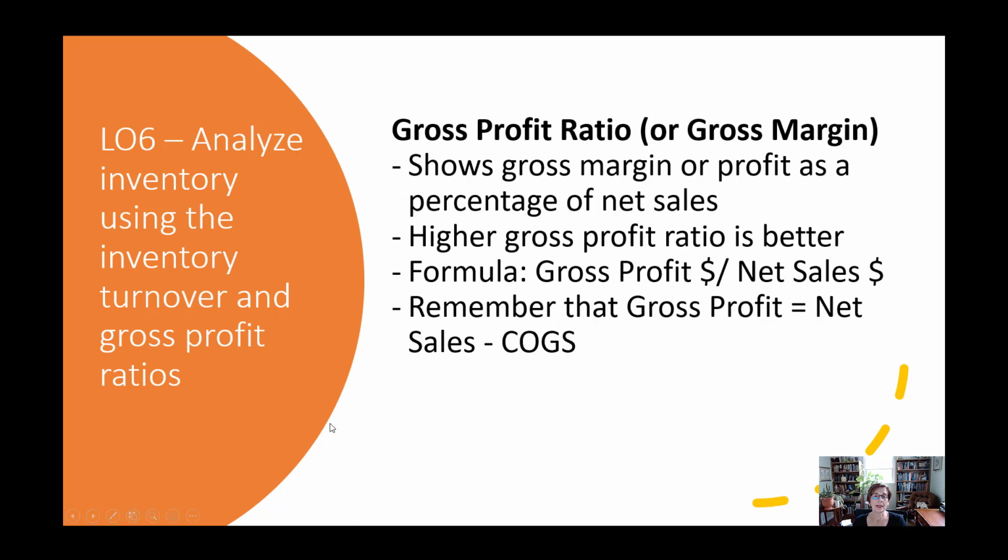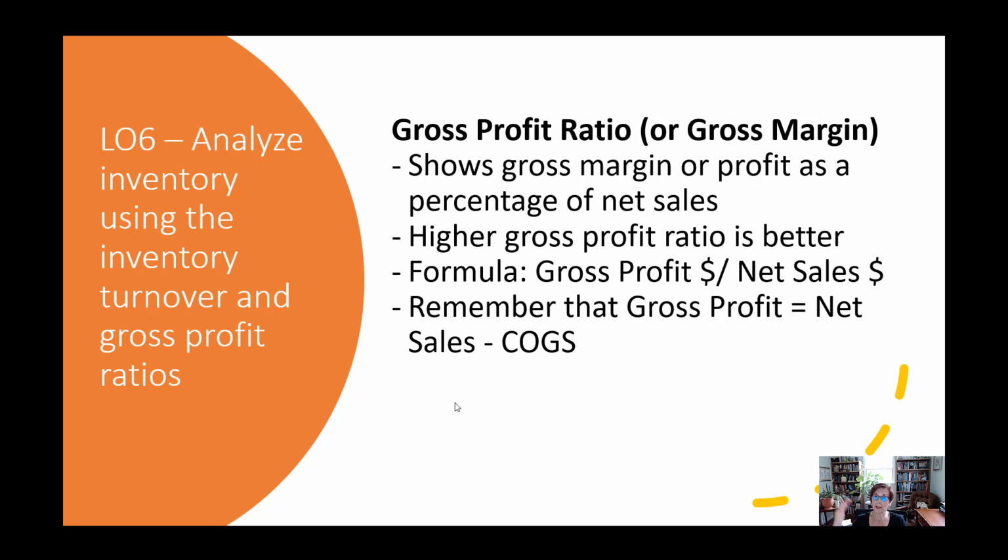Okay, then we'll take a look at gross profit ratio, also called gross margin. Anytime you see margin, they're talking about a percentage of sales or net sales, right? So gross profit ratio shows gross profit or gross margin as a percentage of net sales. Higher gross profit ratio is better.